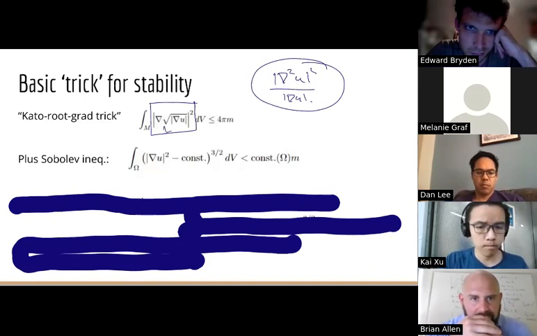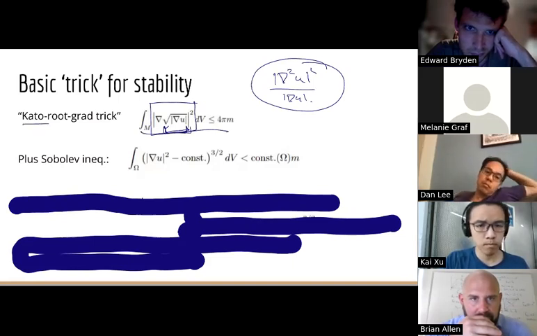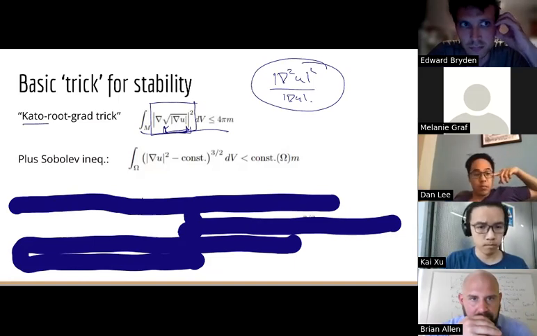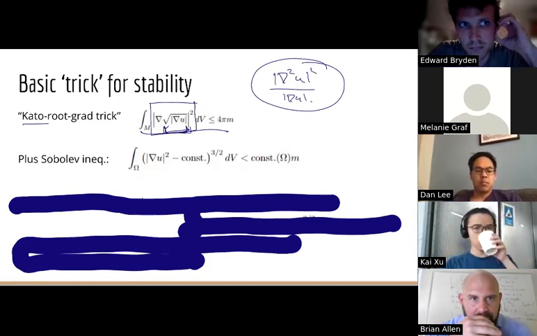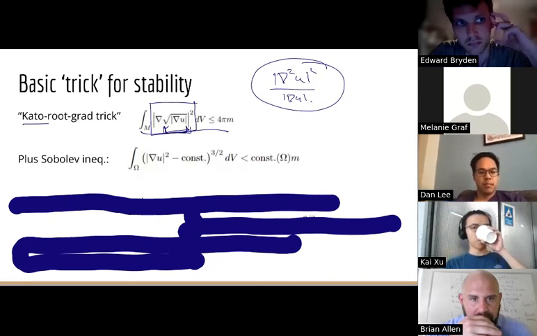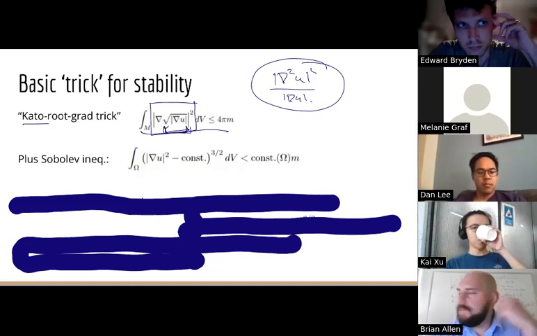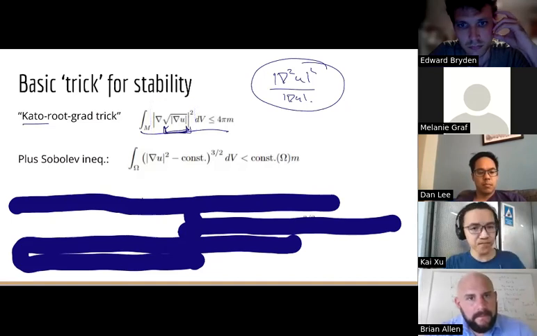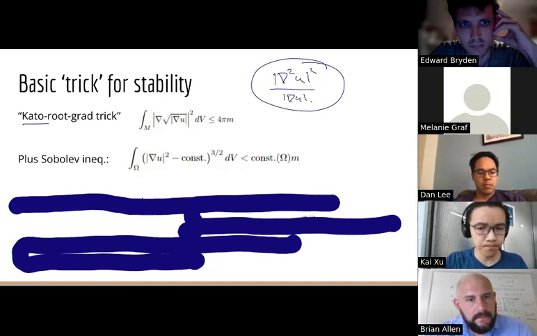So it controls a weak derivative of the gradient of norm grad u, kind of directly. Sometimes you call it a Kato inequality, but it's just a basic matrix inequality. So this is the kind of control that you get on the gradient, at least immediately from the mass. No extra assumptions at all. This is just algebra.